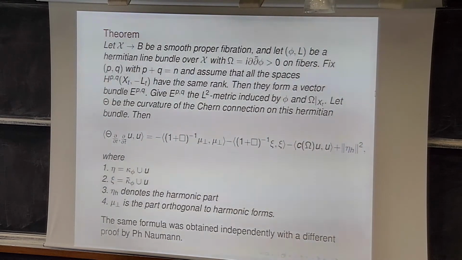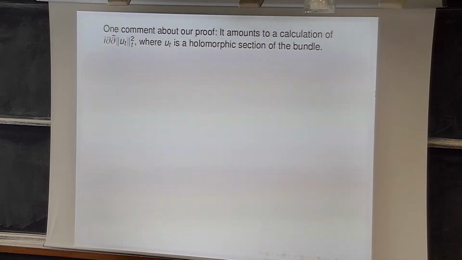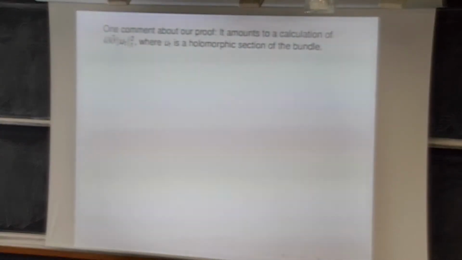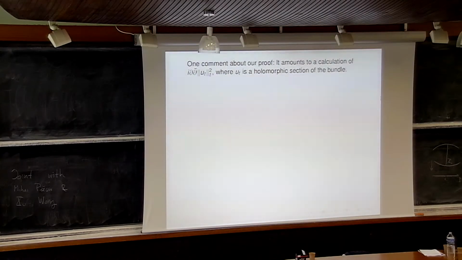Right. So let me say something about this. One comment about the proof then. You want to know something about the curvature of those bundles. And that amounts basically to computing i partial partial-bar of the norm of a holomorphic section of the bundle. So in order to compute curvatures, you want to compute second derivatives of norms.